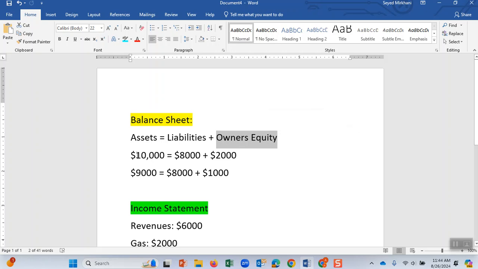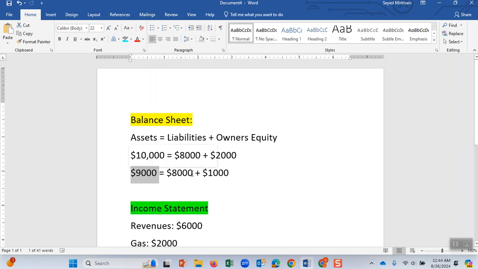Now, imagine, can this balance sheet go up and down? Yes, it can reduce. Let's say this person suddenly makes a mistake and has a minor accident with the car. Now the value of the car, instead of $10,000, becomes $9,000.